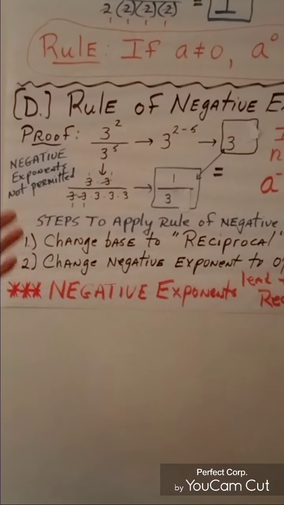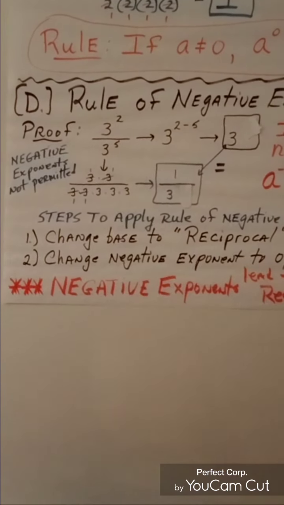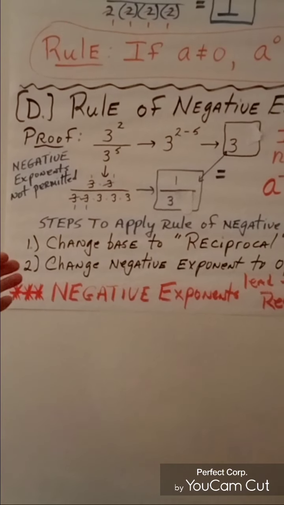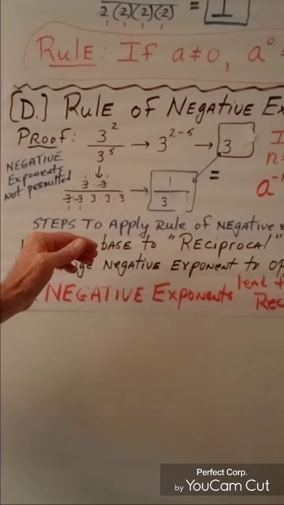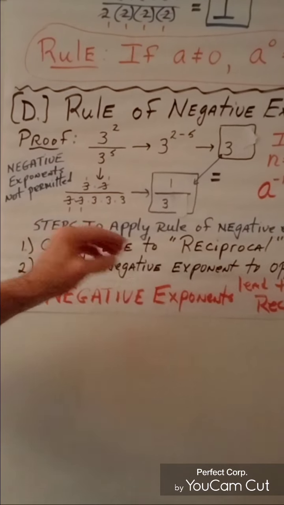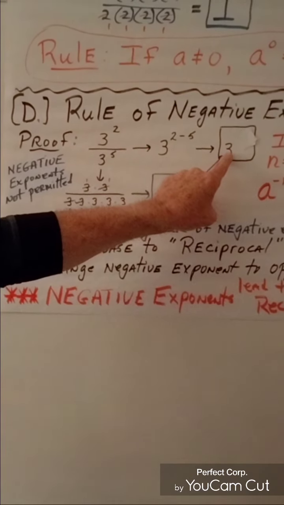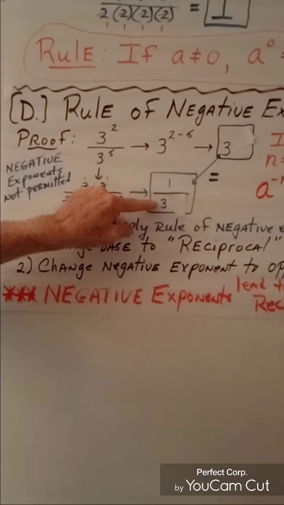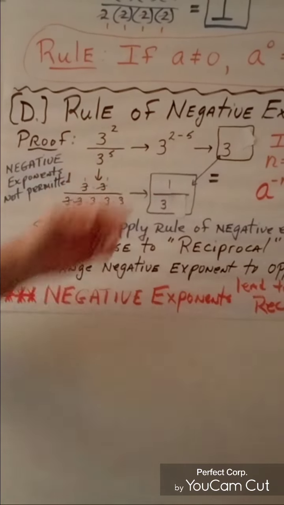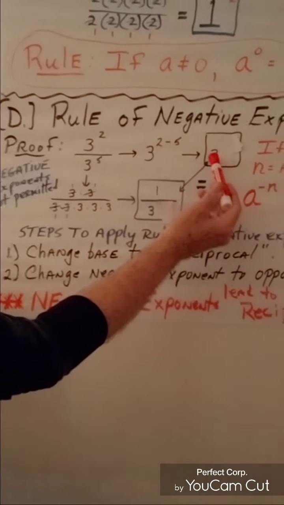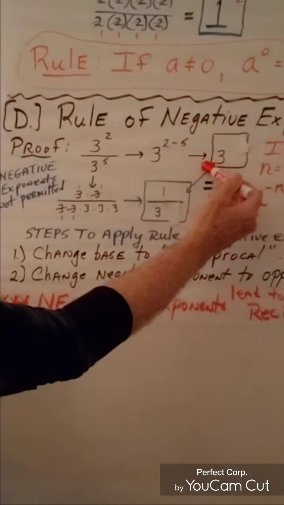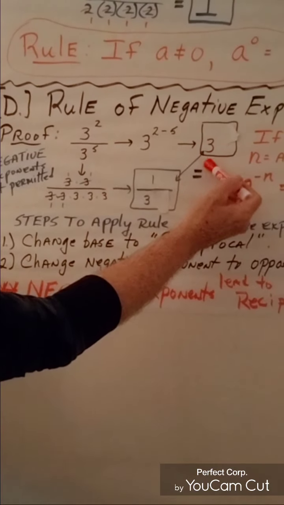Pretty common mathematical word. No, it doesn't have anything to do with opposites. It has everything to do with the fact of reciprocals. The relationship between 3 and 1 over 3, they're reciprocals of one another. Because remember, this 3 that's right up there actually would mean 3 over 1.